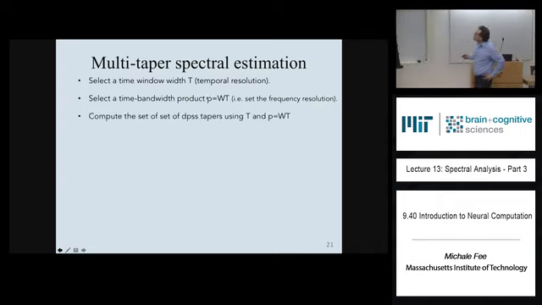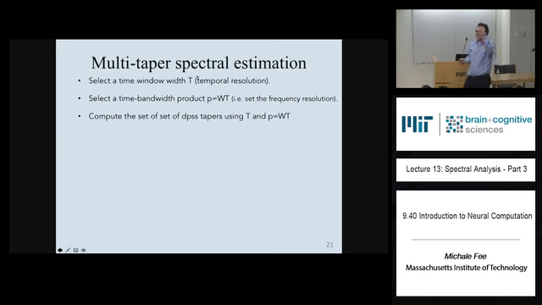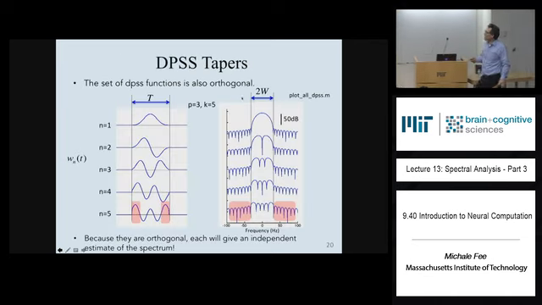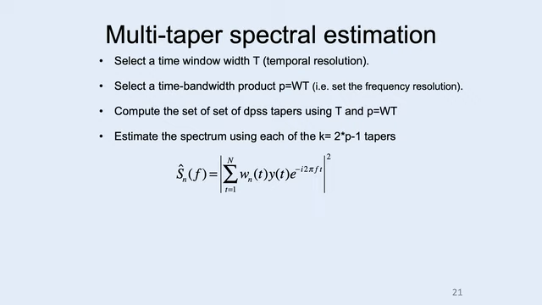Once you compute P and you know T, you just stuff those numbers into this MATLAB function dpss, which sends back to you this set of functions here. Okay? It sends you back K of those functions. Once you've chosen P, K is just 2P minus 1. And then you just take your little snippet of data, multiply it by the first taper, compute the Fourier transform, okay?